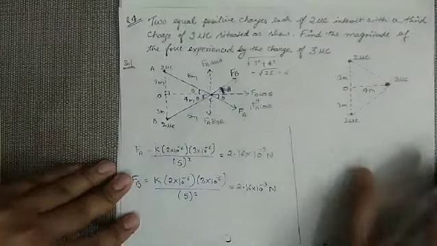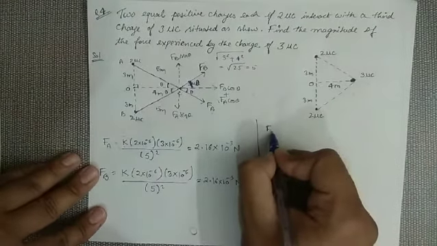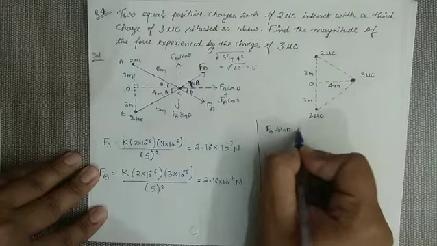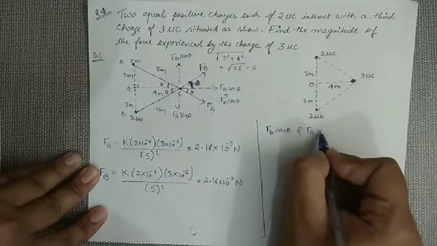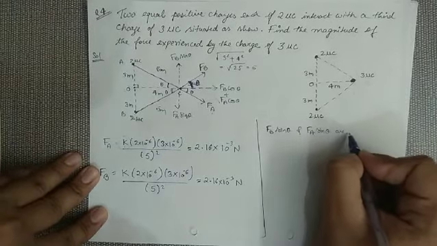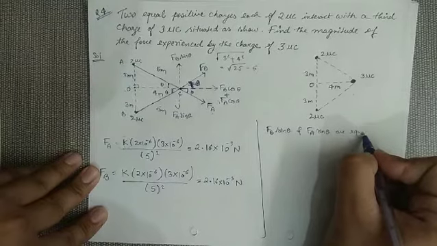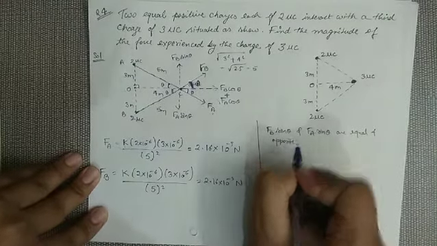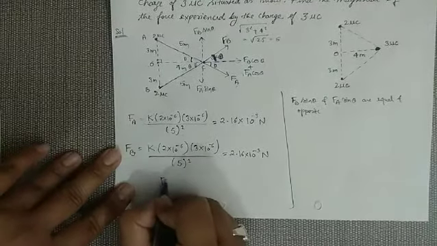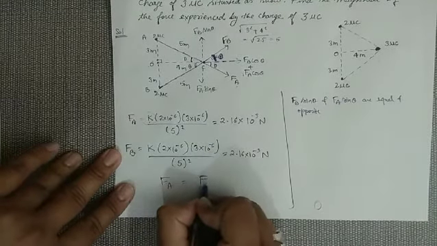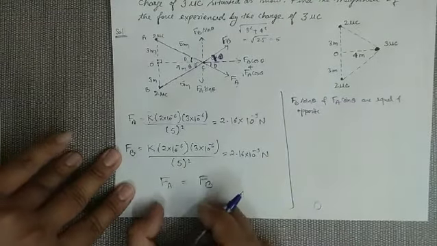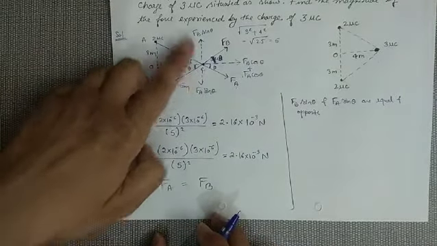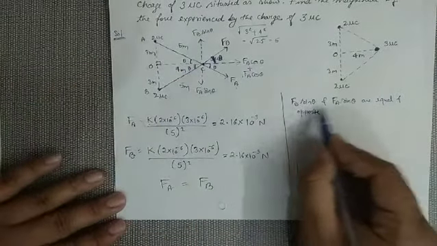Now look carefully, FB sin theta and FA sin theta are equal and opposite. See the direction of both of them. FA and FB are equal, but these two components are equal and opposite, so they will cancel out each other.